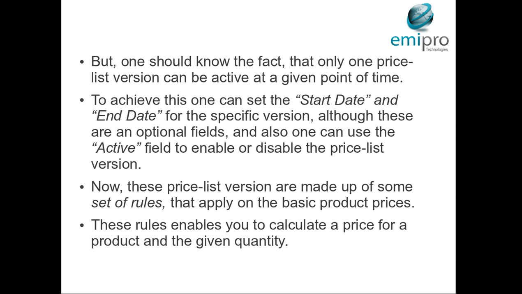Let's move ahead. One should know that only one price list version can be active at a given point of time. Even if you have defined more than one version, only one will be active. To achieve this, one can set the start date and end date for the specific version.